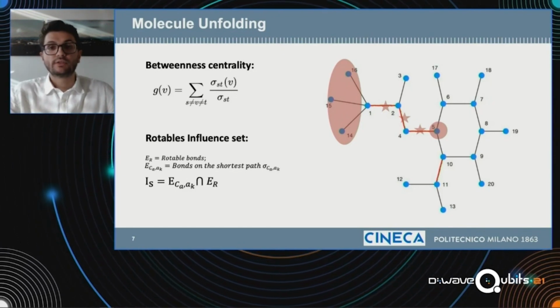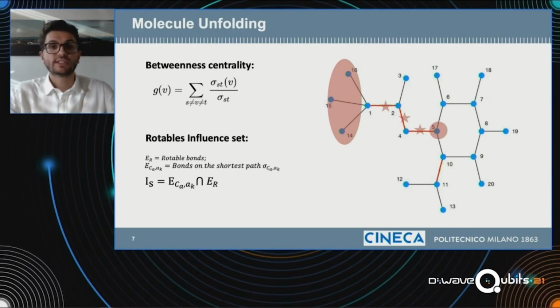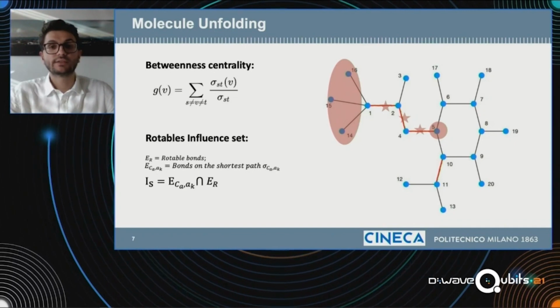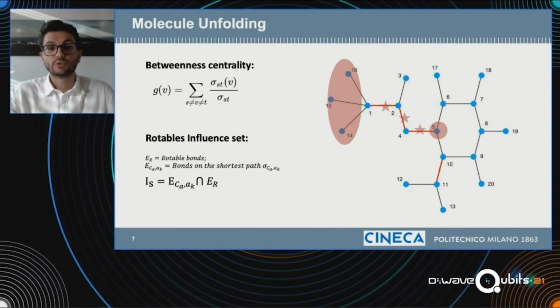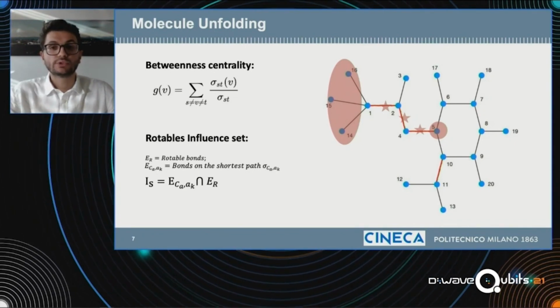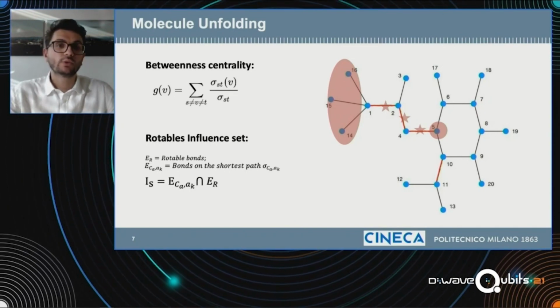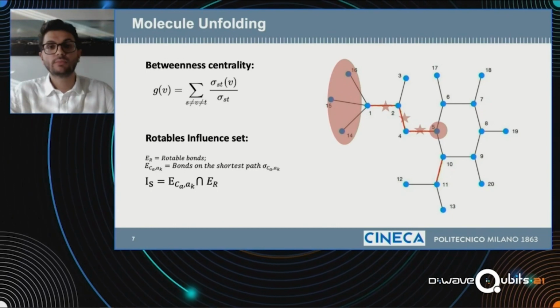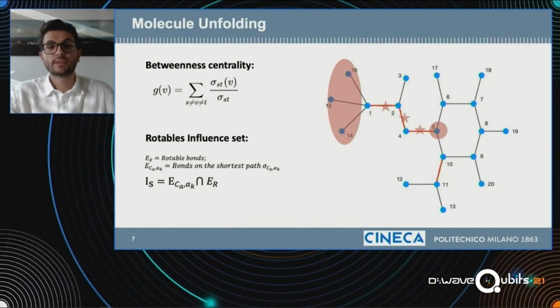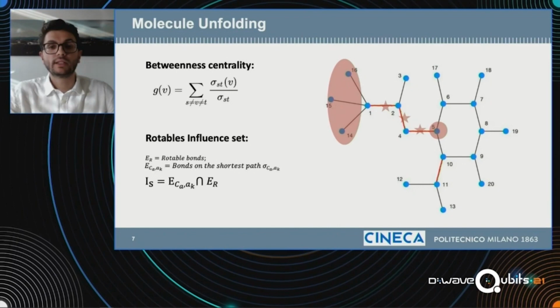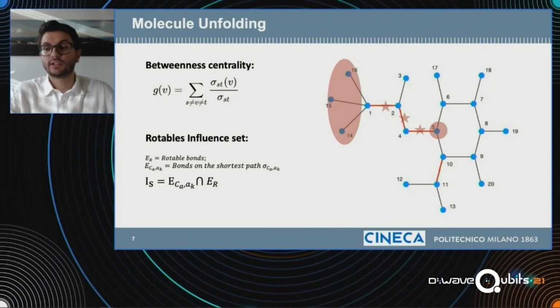Then we enrich the definition of fragment as the set of atoms that share the same rotatables influence set, or the rotatables that influence the same set of atoms. And we calculate it as the intersection of the rotatable bonds with the bonds on the shortest path from the atom A_k to the central atom.